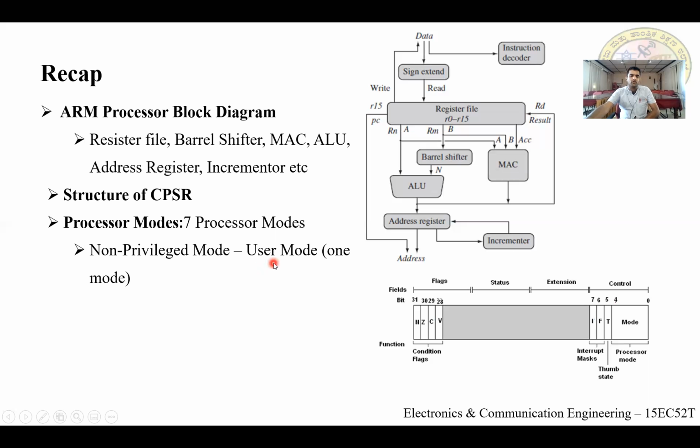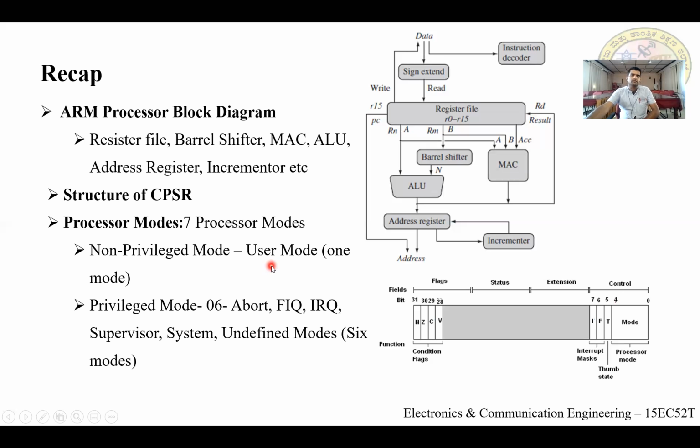The remaining 6 modes are privileged modes: abort mode, fast interrupt request mode, supervisor mode, system mode, and undefined mode. So one is non-privileged, the rest are privileged.